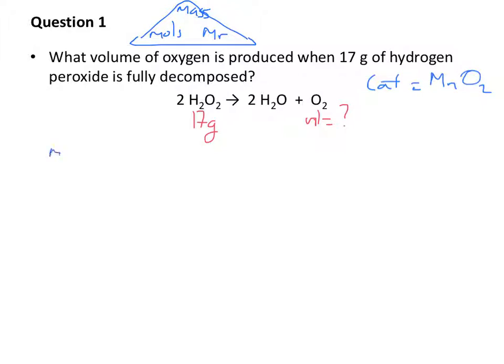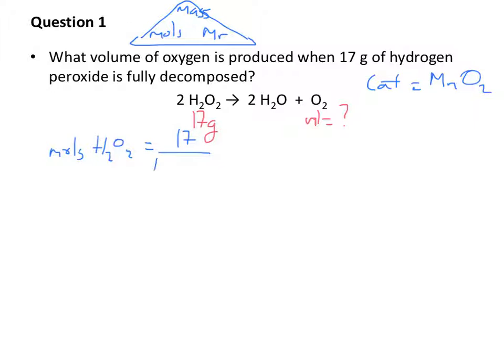So we've got moles of H2O2, and so moles is mass divided by Mr, as a student I spoke to the other day called it. So we've got 17 grams over. Now you'll need your periodic table for this, so have a look at what hydrogen weighs. Hydrogen, each one weighs 1, and oxygen, each one weighs 16.